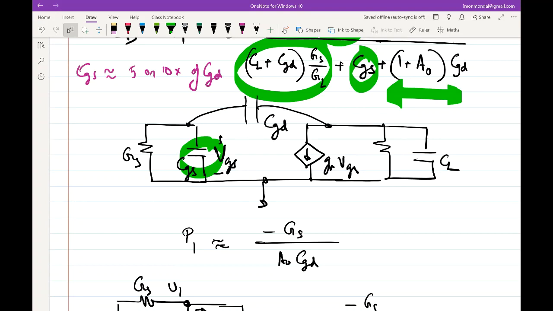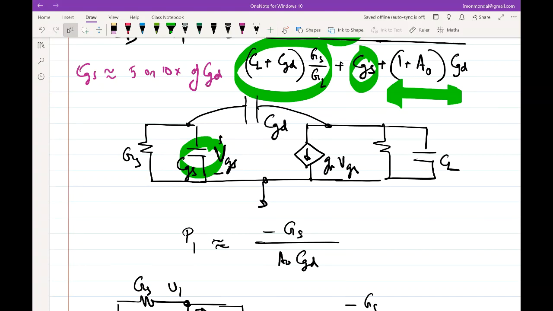Yes. So if you do that, what will end up happening is, see, the main problem is this node voltage here, even in the absence of CGD, is frequency dependent, right? Because GM-VGS goes into a frequency dependent impedance, right?